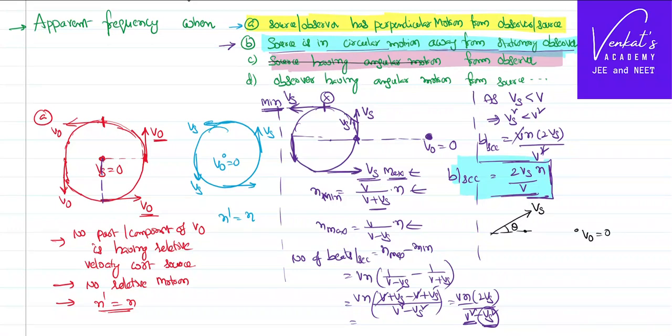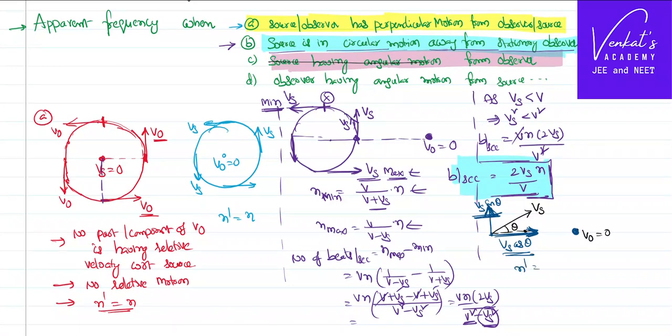It is very clear from this that we can resolve this velocity of the source into components. This becomes vs cos theta. This becomes vs sin theta. This sine component is not having any relative motion with the observer because it is perpendicular. So I can ignore that part and I need to write only the vs cos theta part.